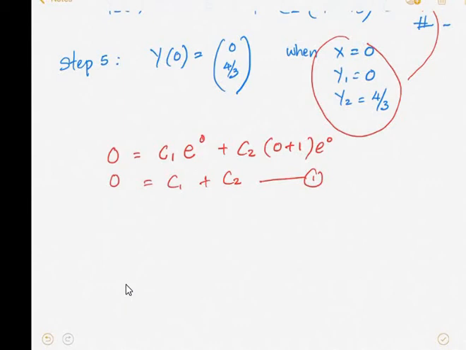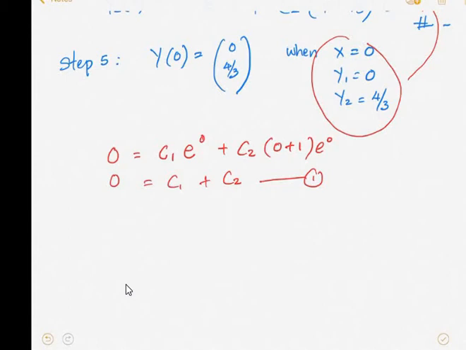And then you substitute the initial condition into the y2 value. So y2 equal to 4 over 3 equal to c1 e to the 0 plus c2 (0 plus 4 over 3) e to the 0.